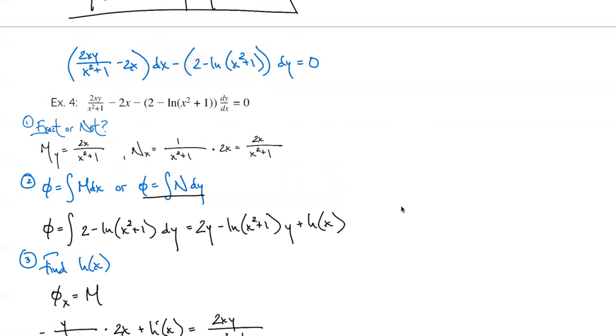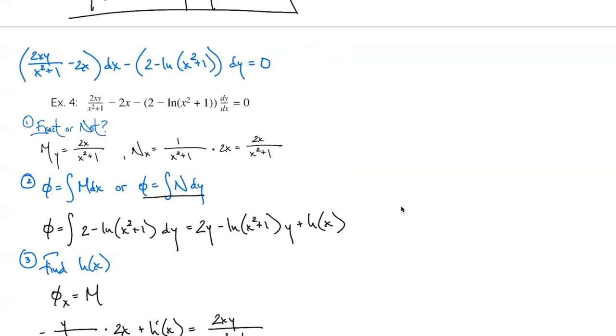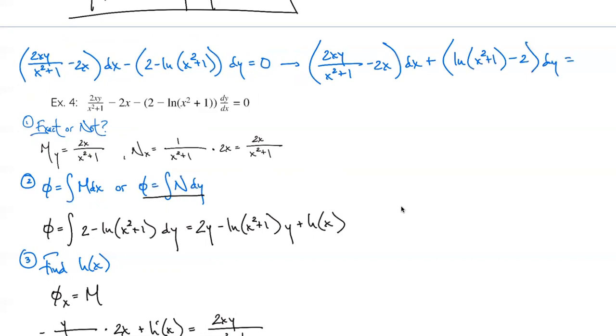So we'll have our M over here minus 2x dx. But I'm going to change this to a plus because that's how we've defined the function. That's going to switch the order on the inside: natural log of x squared plus 1, and then minus 2 dy equals 0.